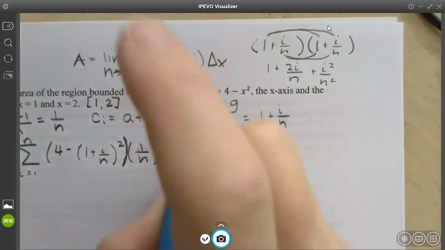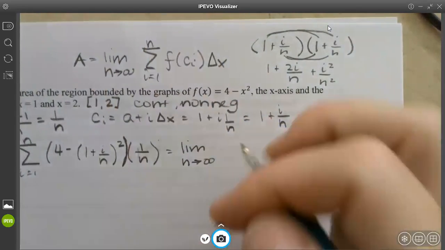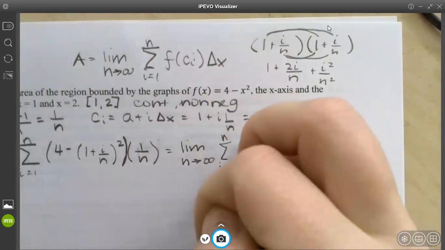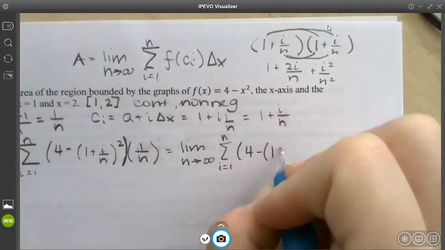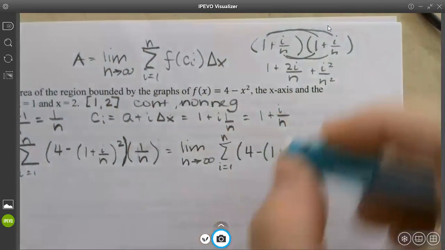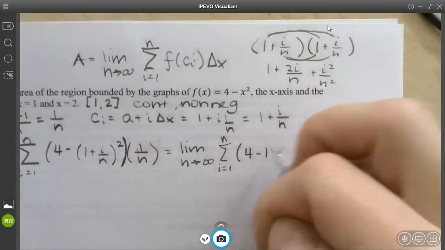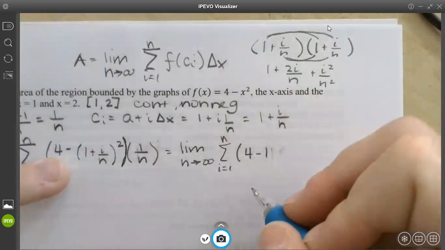Equals the limit as n approaches infinity of the summation of 4 minus all of that. You don't have to put your parentheses anymore. But since it's a minus, I have to remember to distribute.